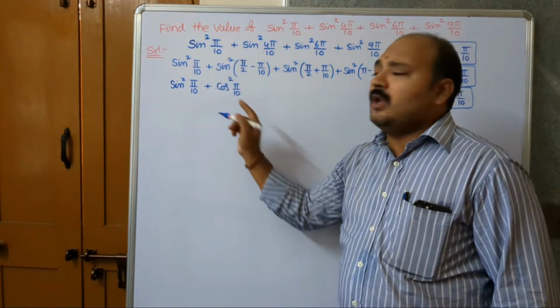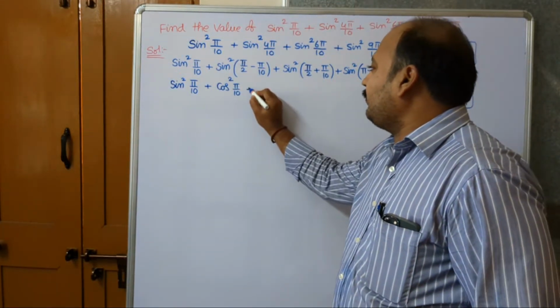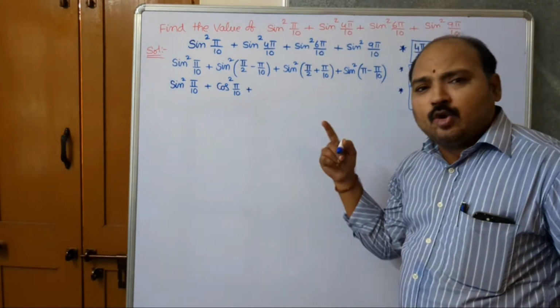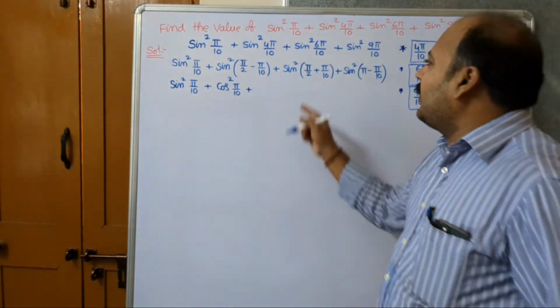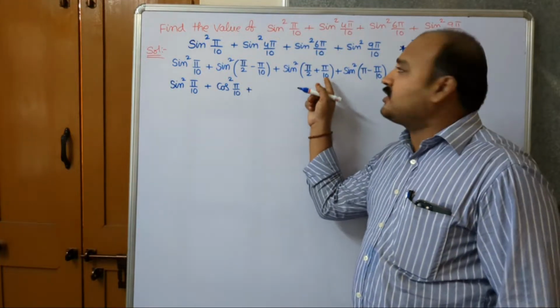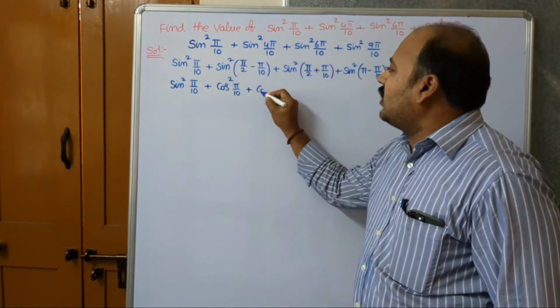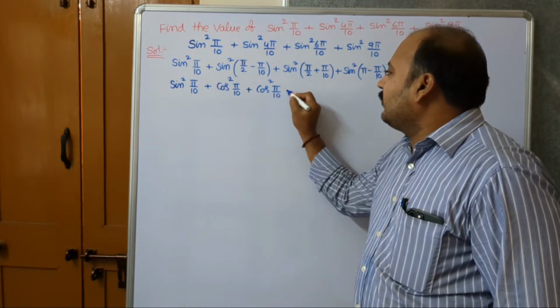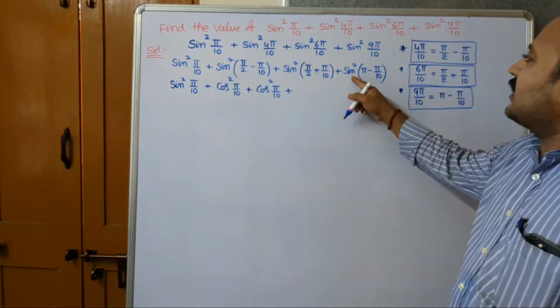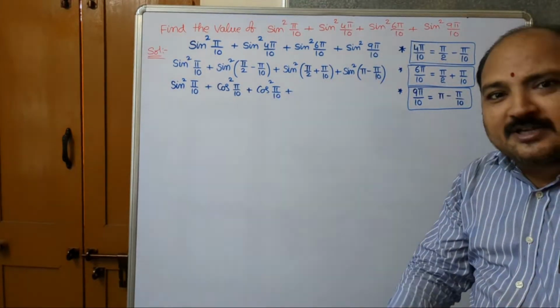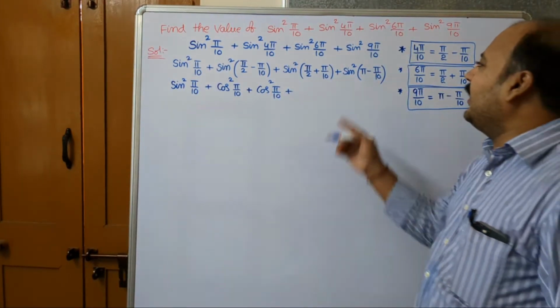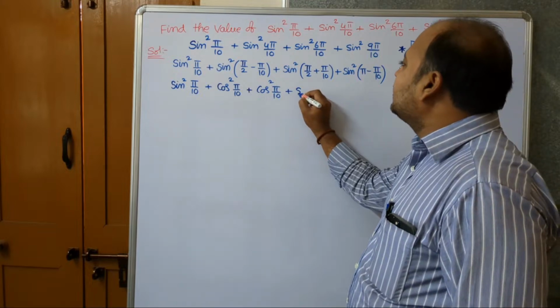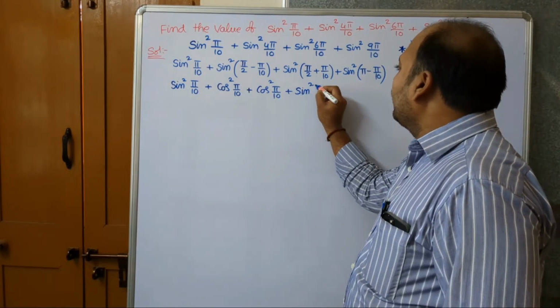Understood? Plus sine of pi by 2 plus theta is also cos theta, so cos square pi by 10. Plus sine of pi minus theta is sine theta, so sine square pi by 10.